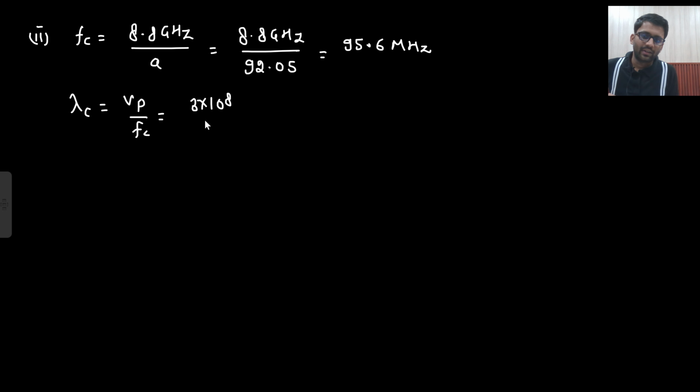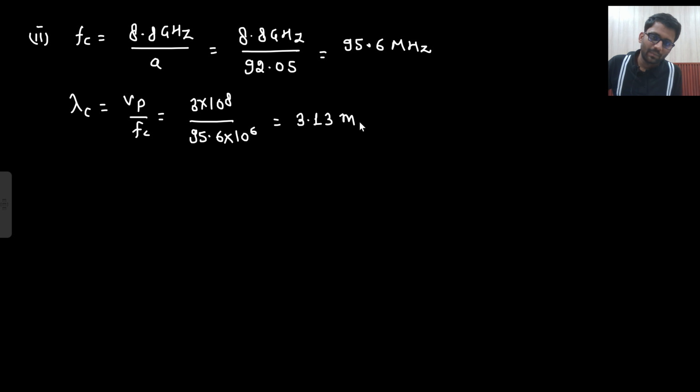So 3 into 10 to the power 8 divided by 95.6 into 10 to the power 6, right? So 300 divided by 95.6. So 3.13 meter is your lambda c.